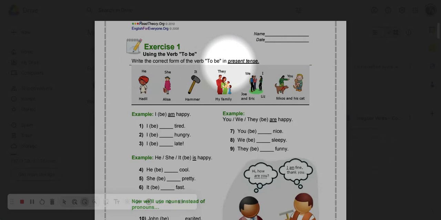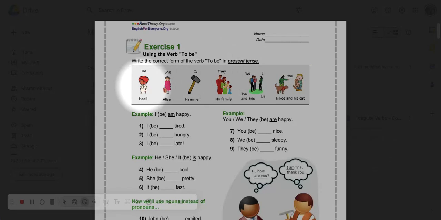I'm going to do the first few with you somewhat quickly. And then later I'm going to pause so that you can think of the answer before I say it. And then when I say it, you can check to see whether or not you were right, and hopefully try to see why you were not correct if you're not.